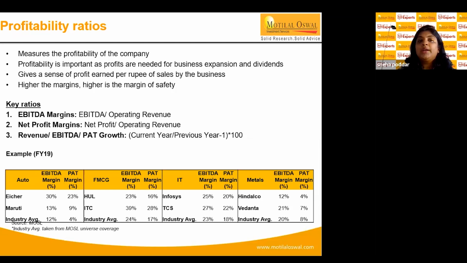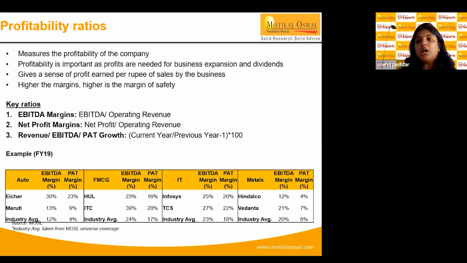It depends upon what sort of industry they are in, what kind of fixed expenditure they have, and what kind of variable expenditures they have. These factors determine the operating profitability. And secondly, within the industry also, you would see a lot of variation.